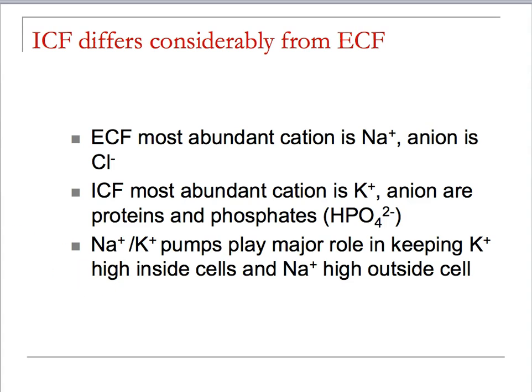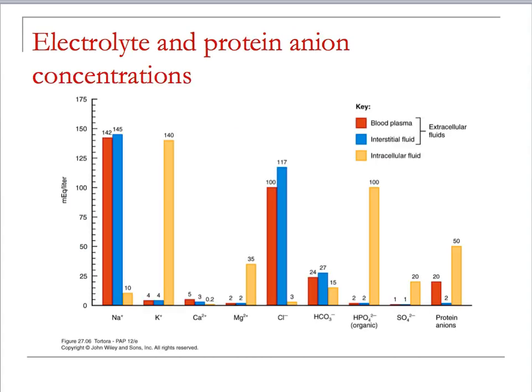When we say that, we also want to make sure you understand the consequence of this when you look at all of the different ions and protein anion concentrations. You can now see that the extracellular fluids are the blood plasma and the interstitial fluid, as well as intracellular fluid. So let me just draw a cell for you again.